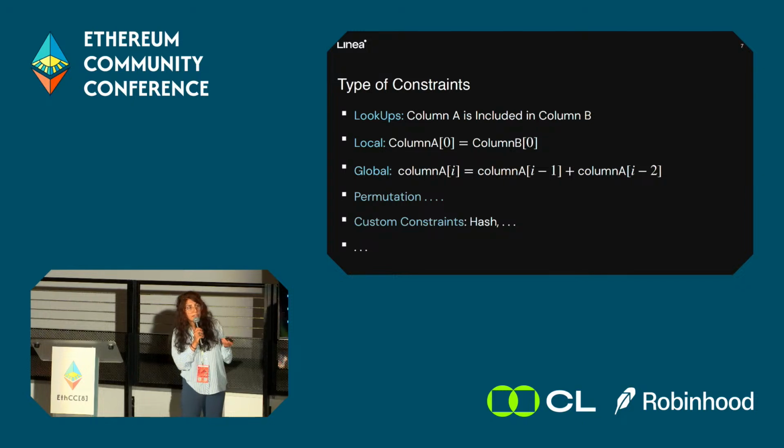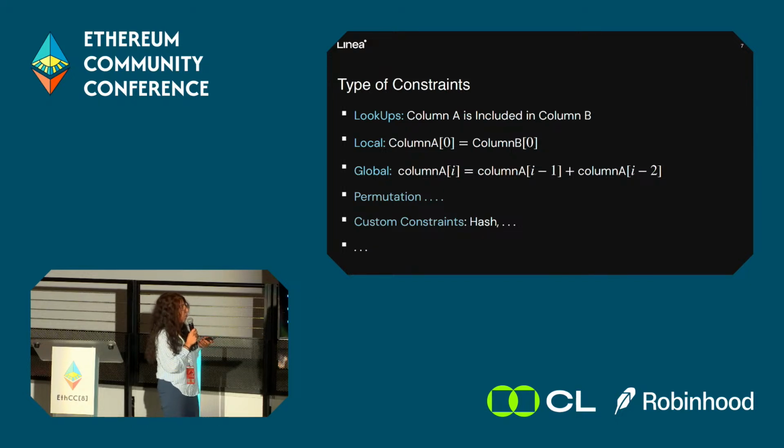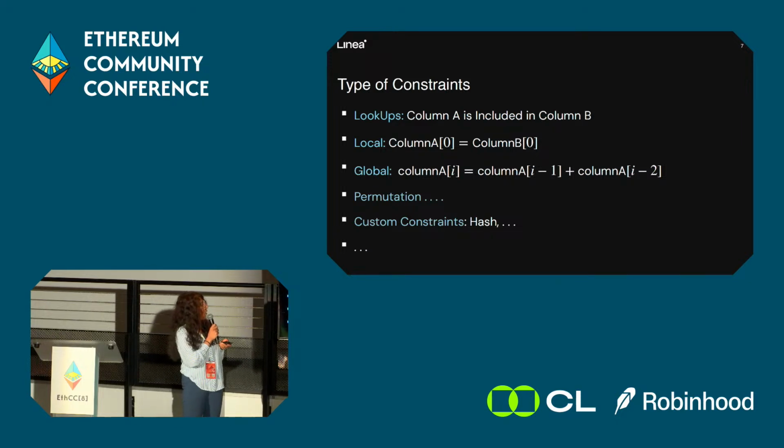Global constraints are true between all the rows of the columns. Here you see that I expect, for example, row i to be the sum of row i minus 1 and row i minus 2. And more constraints like permutation, and even custom constraints like hashing.